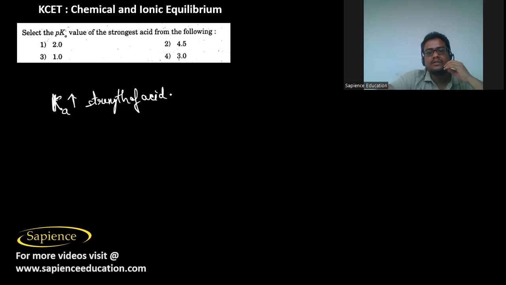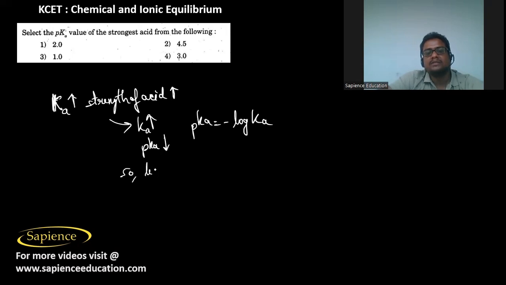Now pKa is equal to minus log of Ka. So if Ka is higher, then the pKa value will be lower. So the least value of pKa means that it is the strongest acid.